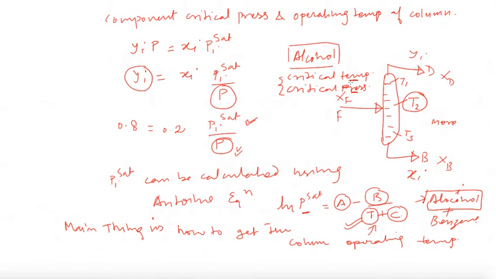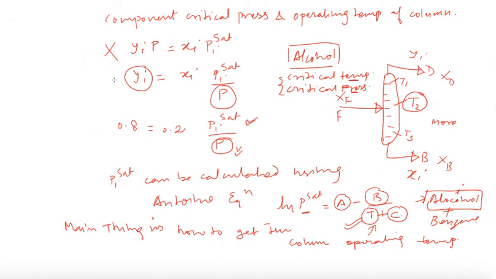Because if the column operating temperature is more than the critical temperature of the component which we want to recover on top, then in the reboiler, when we are vaporizing it and the temperature is above the critical temperature of the recovery component like alcohol, it will not change phase and it will not separate out, and the applicability of Raoult's law will finish.